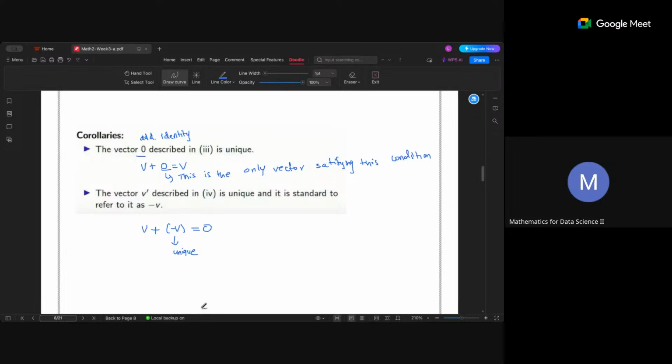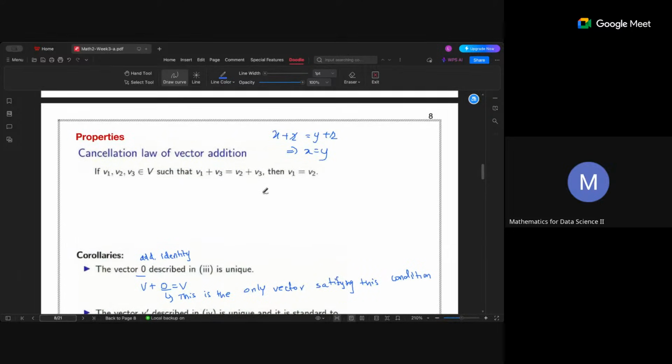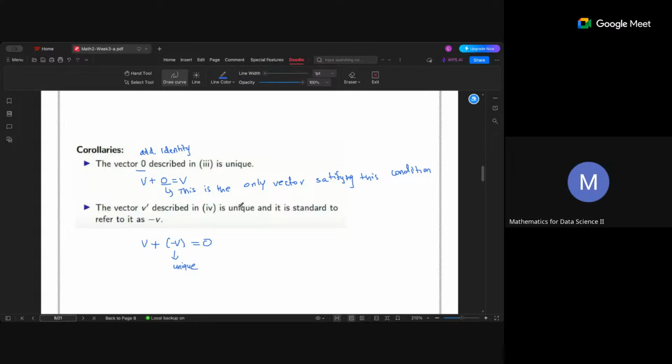And then it should satisfy the remaining 8 axioms, right? To verify a given set is a vector space, you need to verify all the axioms. But if you are going to disprove that it is a vector space, it is enough if you say that even one of the properties fails, then it cannot be a vector space. All right. And then you see that cancellation law is applicable, and the zero vector is unique and the additive inverse is unique. Okay.